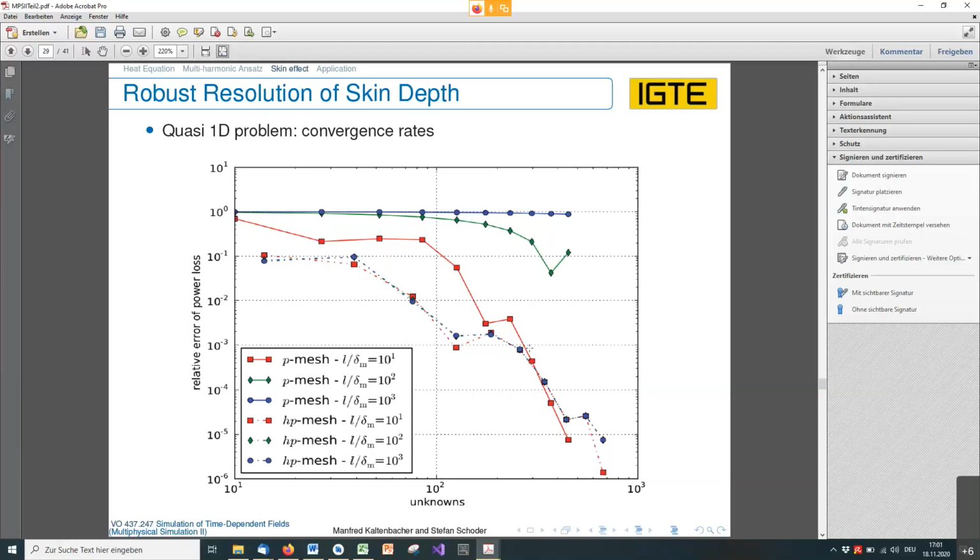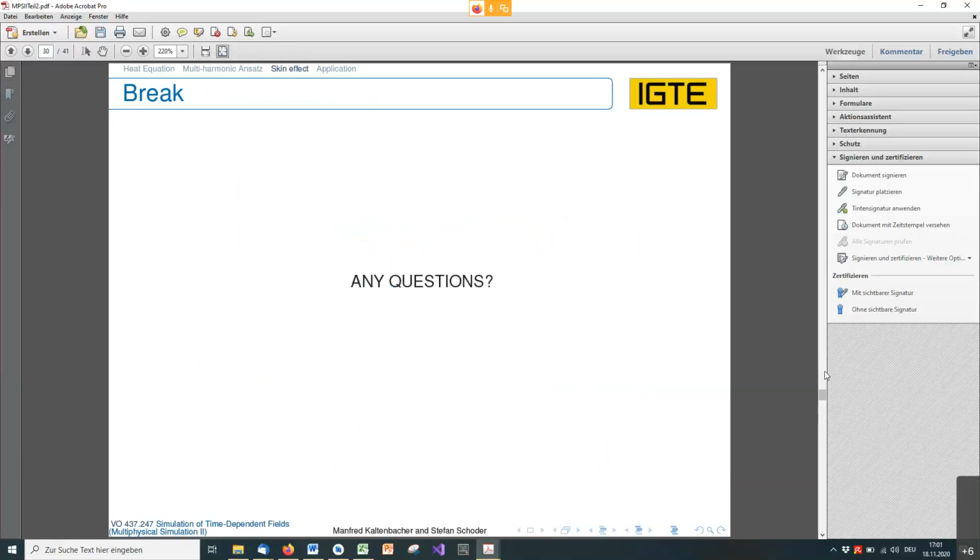You could use this graph. Okay, that was it for the boundary layer and the resolution of the skin effect and the eddy currents. Do you have any questions on the skin effect and eddy currents and the resolution regarding finite element?